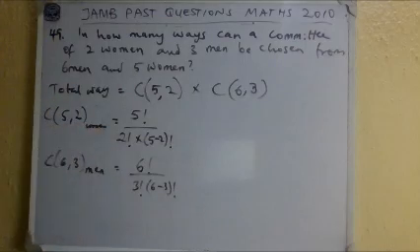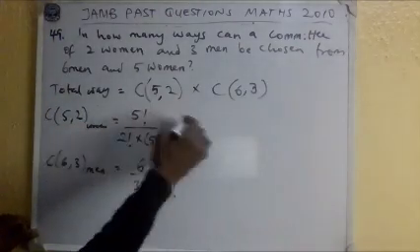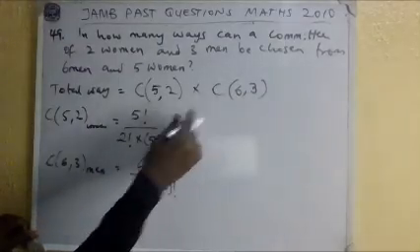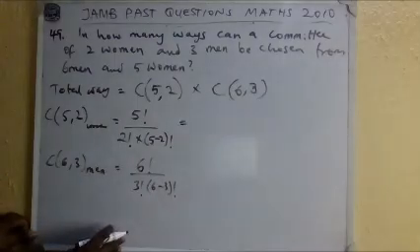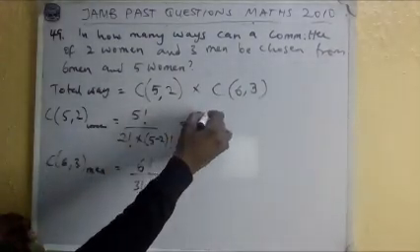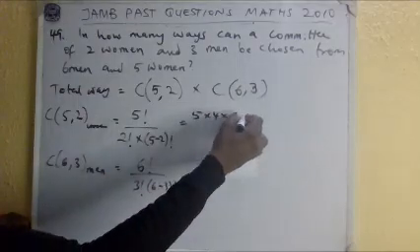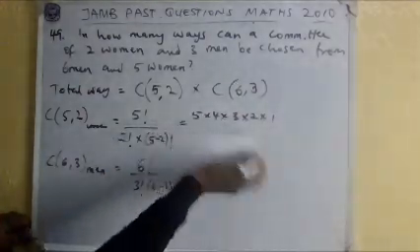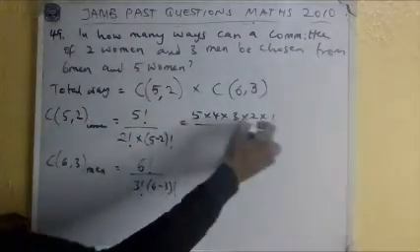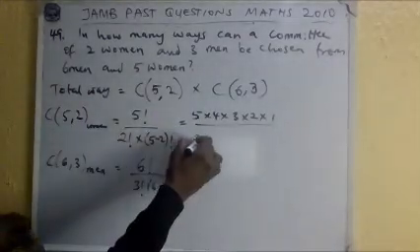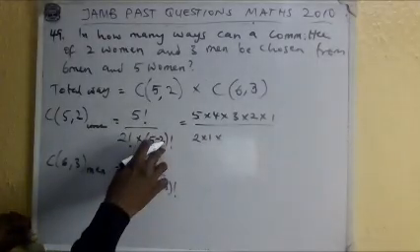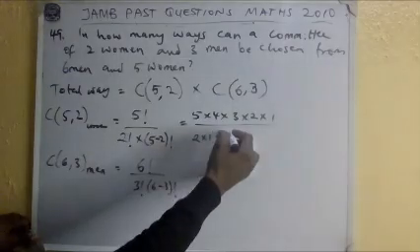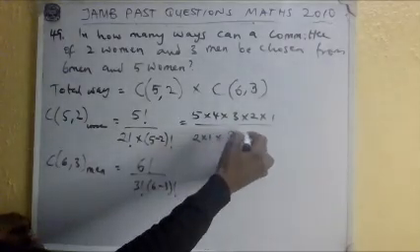But the factorial is, for instance, 5 factorial is the same thing as just doing a factor as you count down to 1. So this is 5 times 4 times 3 times 2 times 1. That's the factorial. Over this one is 2 times 1 times (5 minus 2), which is 3. 3 factorial is 3 times 2 times 1.